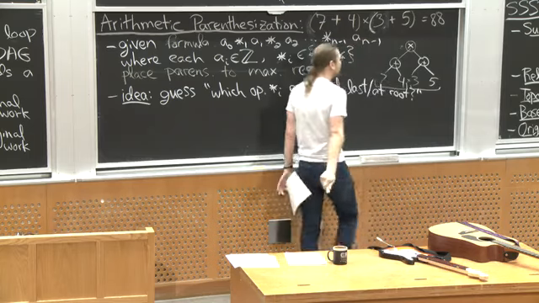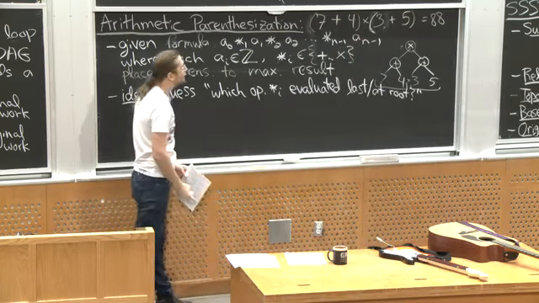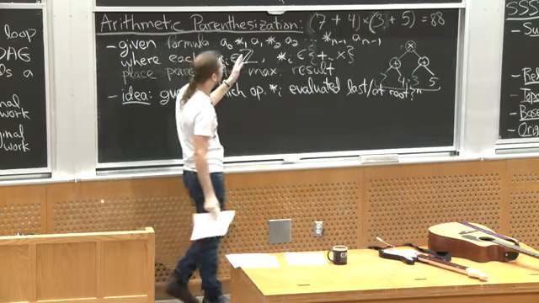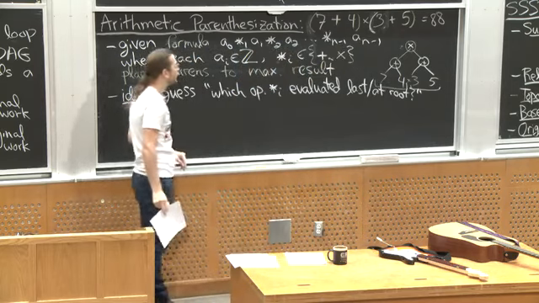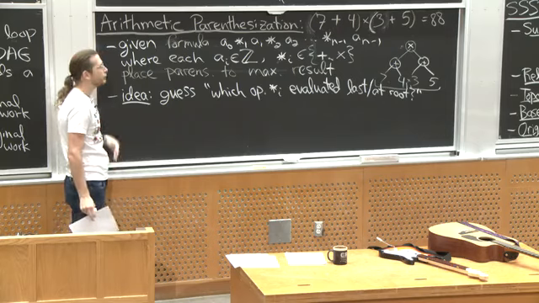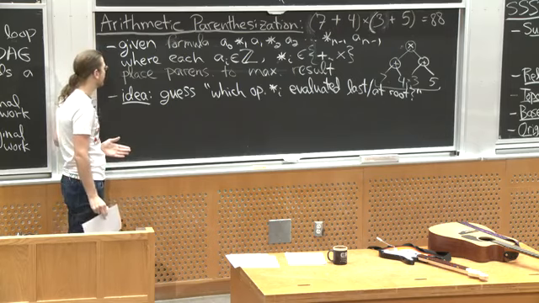So this is a question. It has n possible answers, I guess actually n minus 1, from operator 1 to operator n minus 1. And so we'll just brute force all those choices.